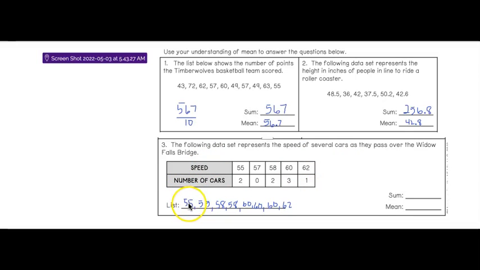So how many cars did we have? 1, 2, 3, 4, 5, 6, 7, 8 cars. And we add those numbers up. We will get 468. And you can do that on a calculator, 468.